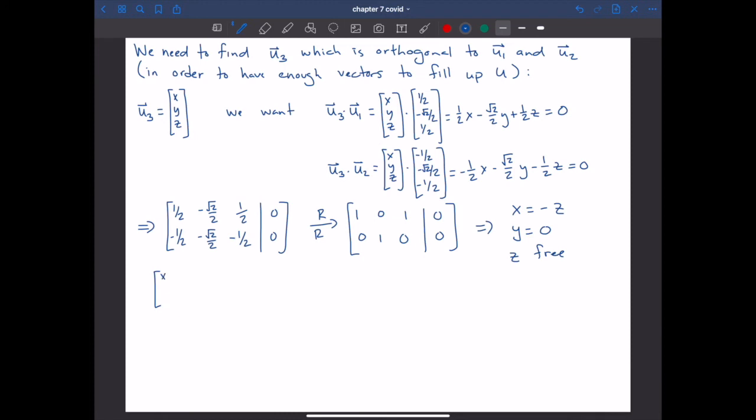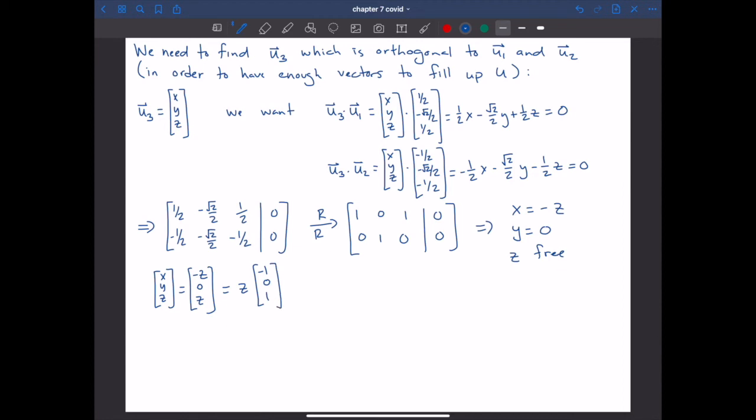So we take x, y, z, replace x with minus z, replace y with 0, and leave z as our free variable. Those substitutions come from the row reduced matrix. When we pull z out, we get negative 1, 0, 1.